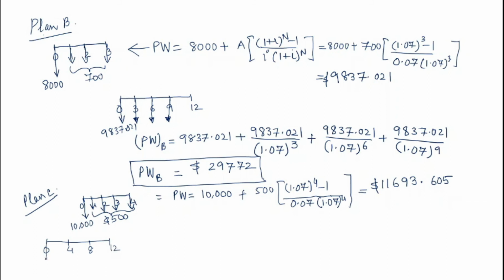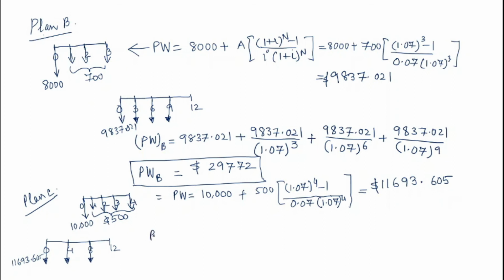So this is what we have evaluated: 11,693.605. The same transaction will be there at the end of year 4 and at the end of year 8.